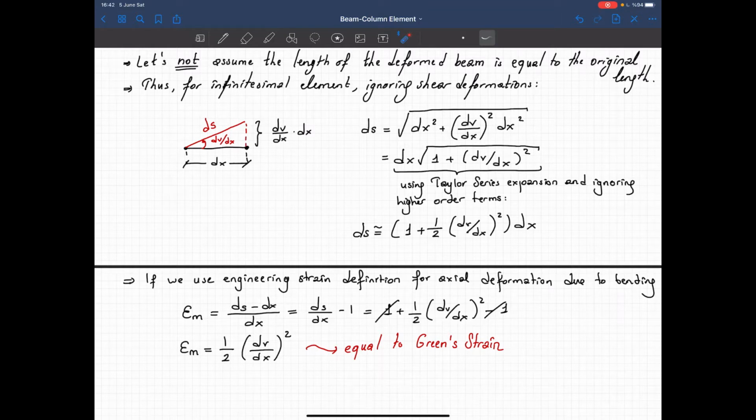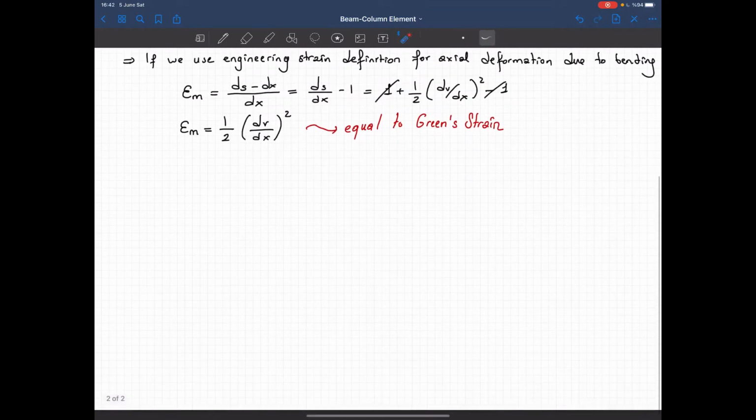If there is no axial load on the system, then there is no additional work done due to bending by the axial load. Let's see what happens if there is an axial load.